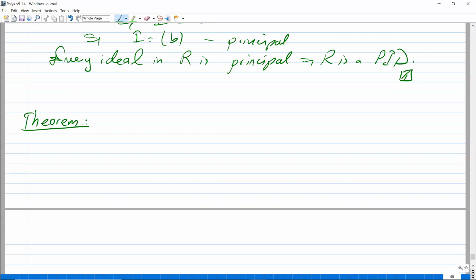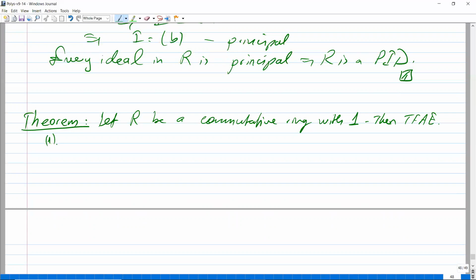So the theorem is: let R be a commutative ring with one. Then the following are equivalent. Namely, one implies the other.